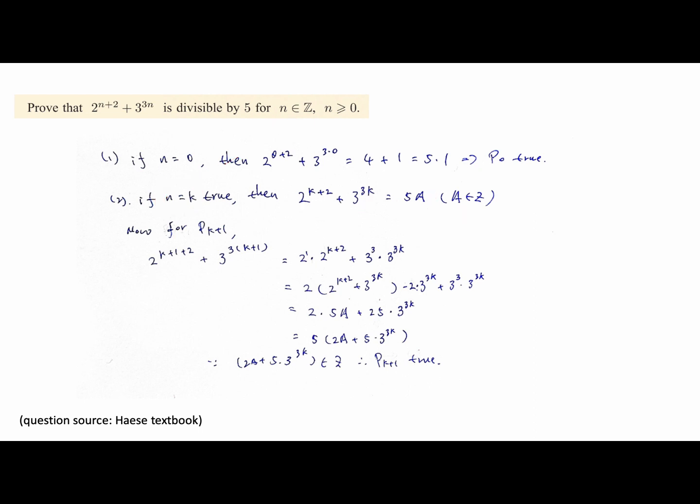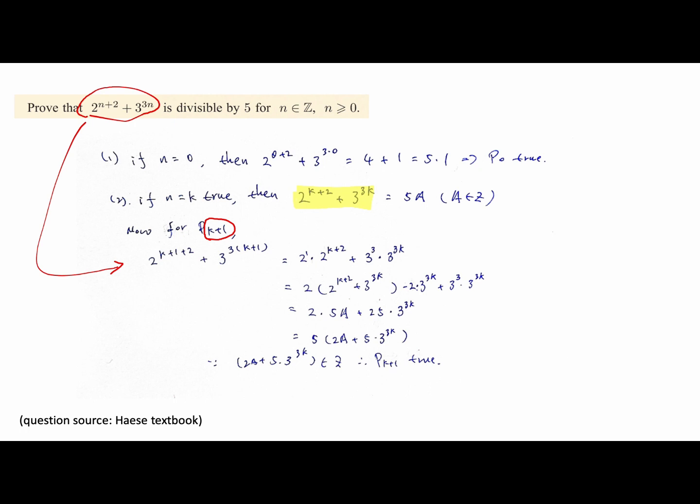Now we look at P(k+1), which means we use k plus 1 to substitute n in this expression. Then we get something like this. Now we need to use the assumption to prove that k plus 1 is also true.